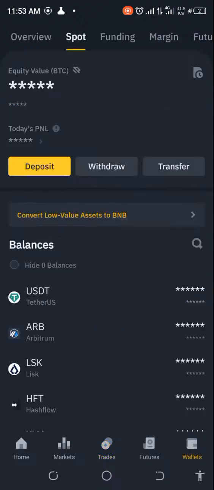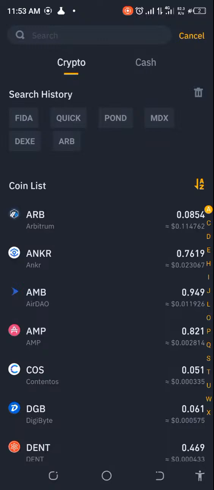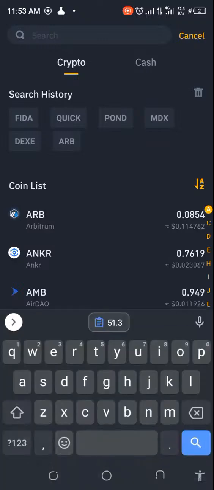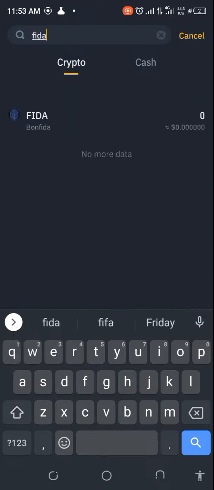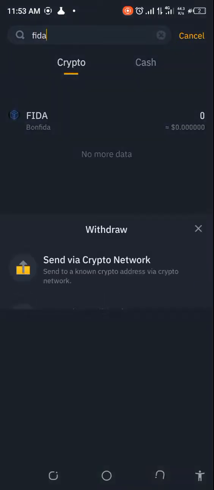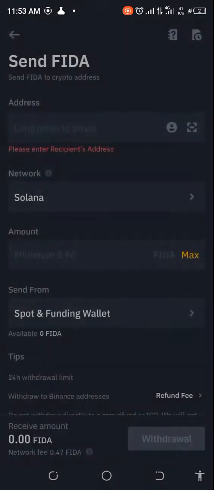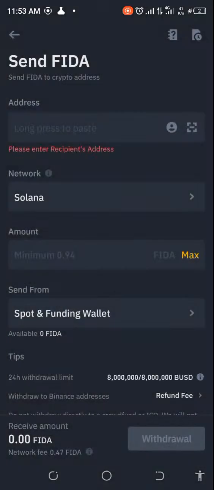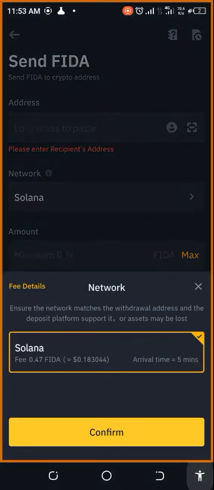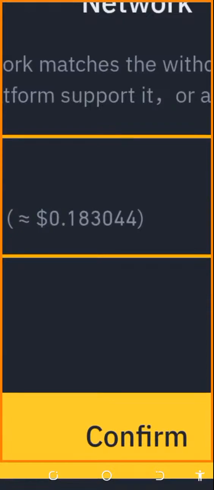All right, so then we'll click on withdraw, and then we can check for this FIDA, which is Bonfida. Then we'll click on that, and okay, so it's the Solana network. But how much does it cost? It costs us 18 cents.